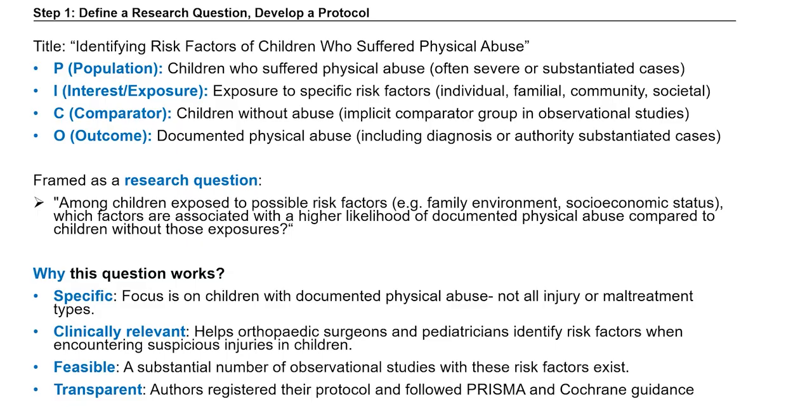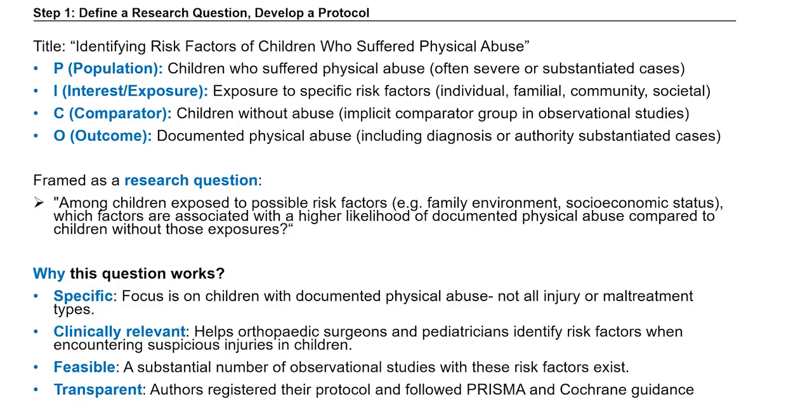Why this question works, to my understanding, and everyone can criticize this, but this is how we approach the topic. First, the question is specific. We are focusing on children with documented physical abuse, not all injuries or maltreatment types. Clinically relevant: the outcome of this study, to our understanding, could help orthopedic surgeons and pediatricians identify risk factors when encountering suspicious injuries in children.